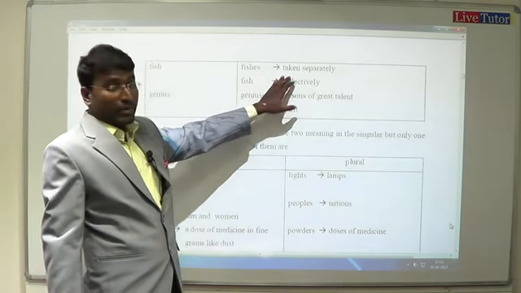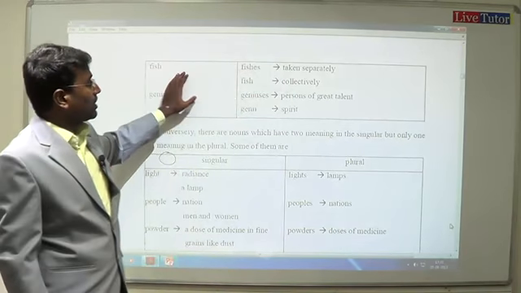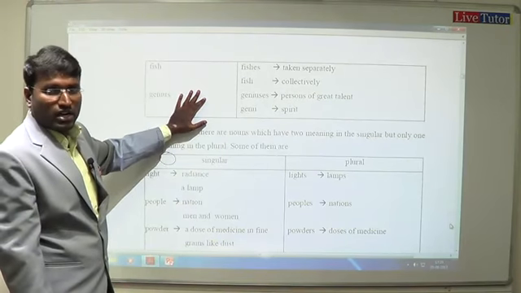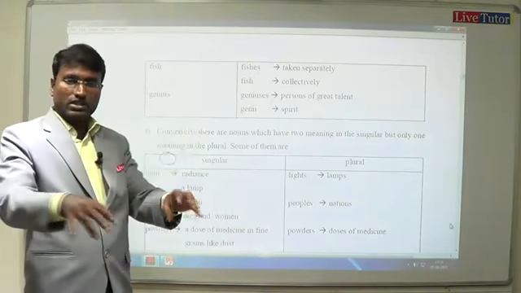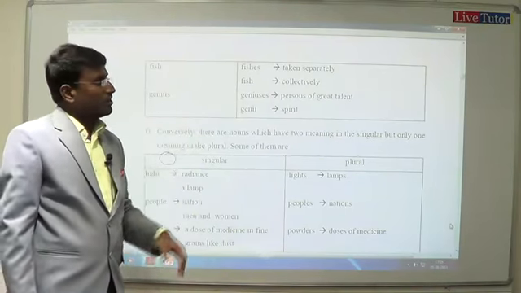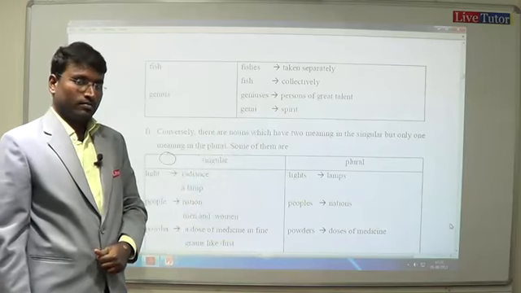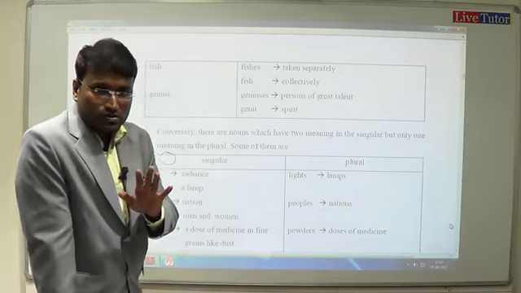Taken separately, we use this as fishes. And also you can use the same fish collectively to call the entire group. In a tank there are many fishes, varieties of fishes are there. So you can call it even fishes or even fish alone. Okay? Are you able to follow?